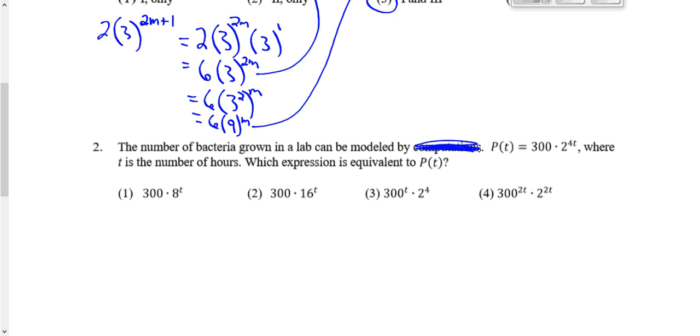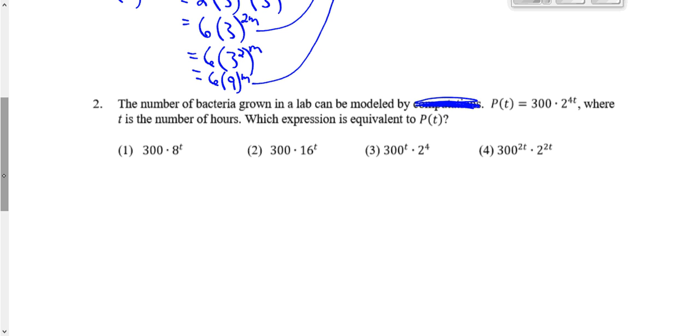Anyway, bacteria growth. Population as a function of time equals 300 times 2 to the 4t. So it's kind of like the other one. Which one of these is equivalent to 300 times 2 to the 4t? That's not even parentheses there. It doesn't need to be, right?